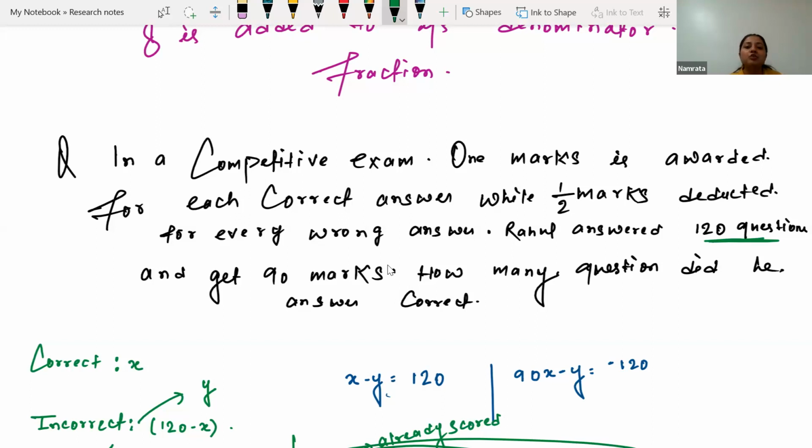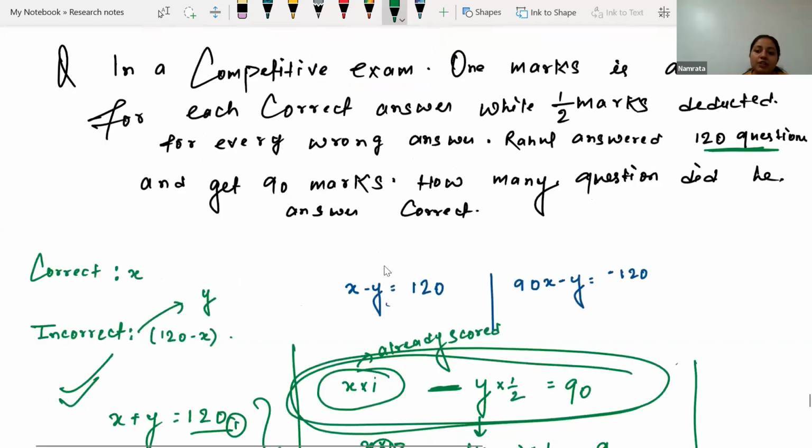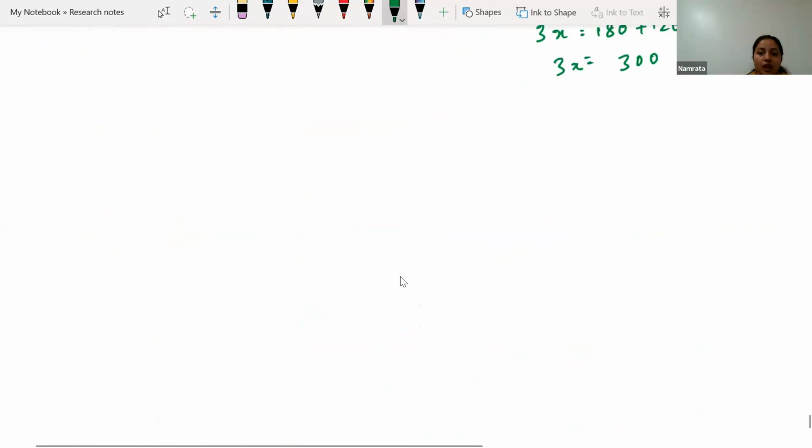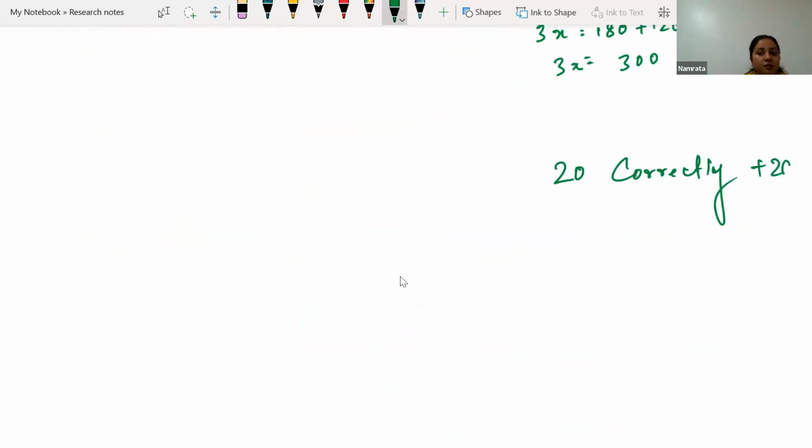Now, once I make any mistake, suppose I make one mistake. I have attempted 20 questions correctly, so I ended up getting plus 20 marks because 20 into 1 has given me positive 20 marks. Now, if I have done one incorrect, after that I will lose half marks.